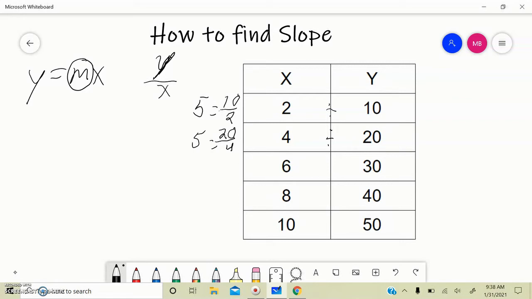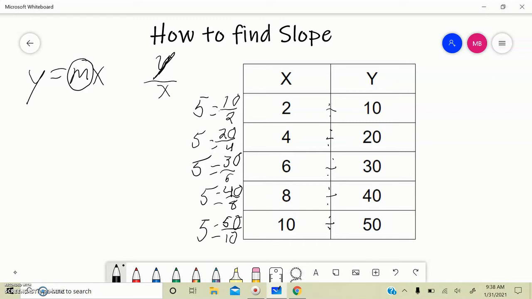That also gives me 5. And I do 30 divided by 6. That also gives me 5. I move down to 40 over 8, which also gives me 5. And last but not least, I do 50 over 10, which also gives me 5.